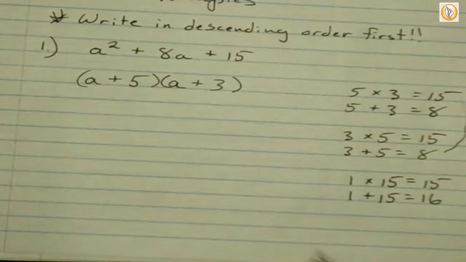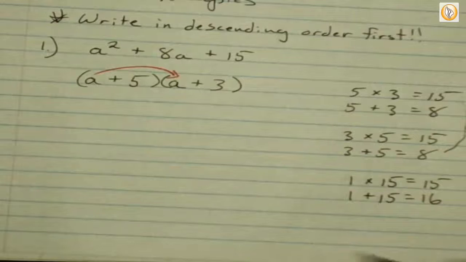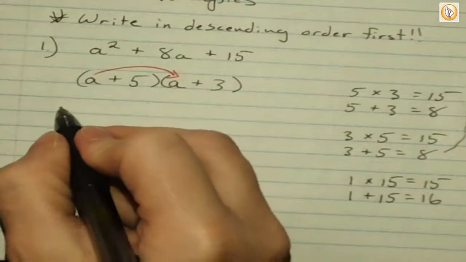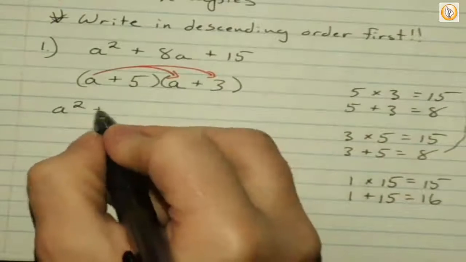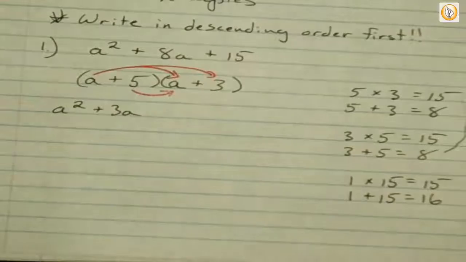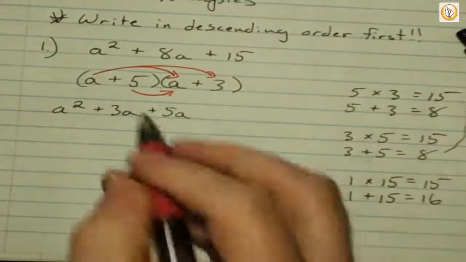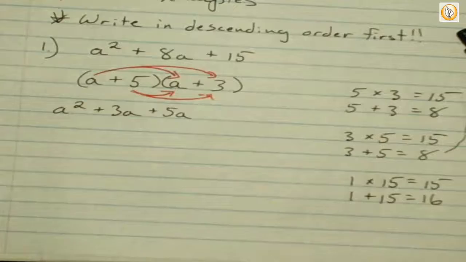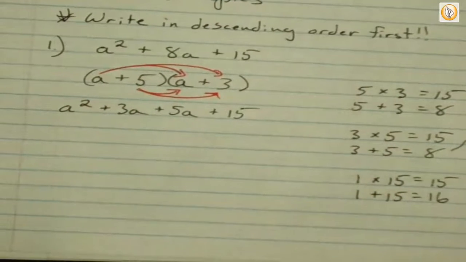So let's check that. A times A is what, Emily? And then A times 3 is what? 5 times A is what? And then 5 times 3 is what? Okay, Emily, what are my like terms?